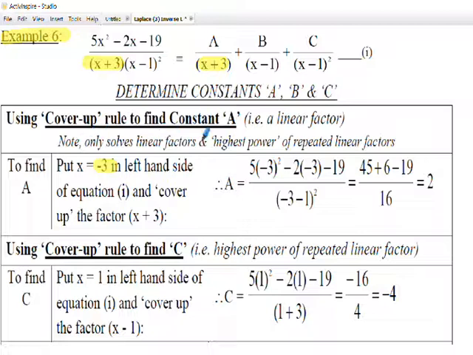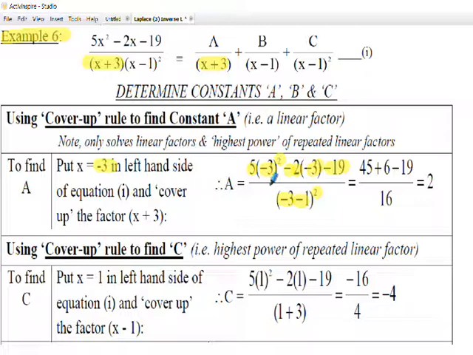So on the top line you would have 5 times minus 3 squared, take away 2 times minus 3, take away 19, and on the bottom, because I've covered up the x plus 3 bracket, I just see the x minus 1 bracket, so that's minus 3 minus 1, and that's all squared.